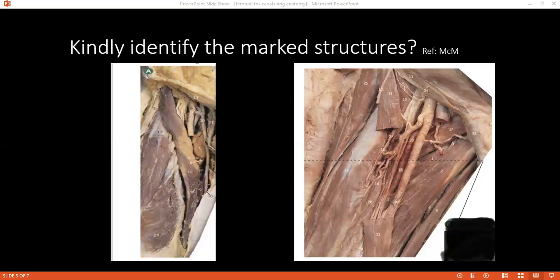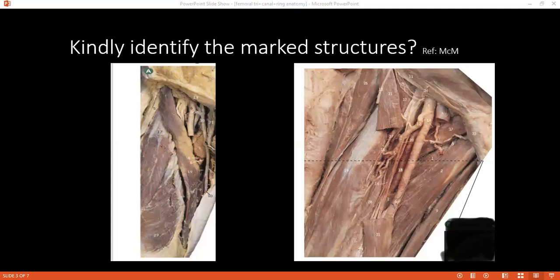How is the inguinal ligament formed? It is formed by the thickening of the aponeurosis of the abdominal muscles: external oblique, internal oblique, and transversus abdominis.